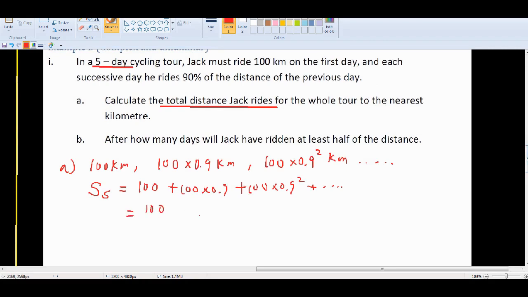So 100 is T1, right? And you got 0.9 squared, to the power 4, to the power 5, about that, S5 minus 1, and 0.9 minus 1 to get the answer.